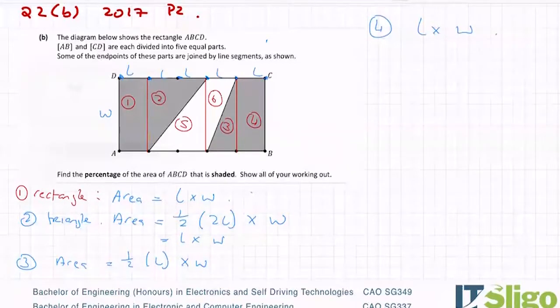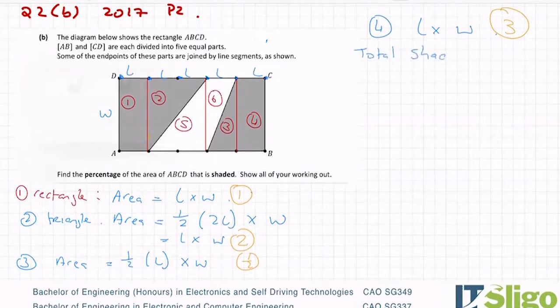So I want to add up how many lengths and widths I have. I have 1 of them there, 2 of them there, 3 of them there, and I have a half length by width there. So total shaded is equal to 3.5 L by W.